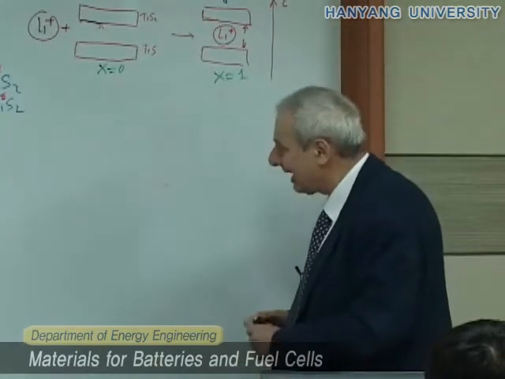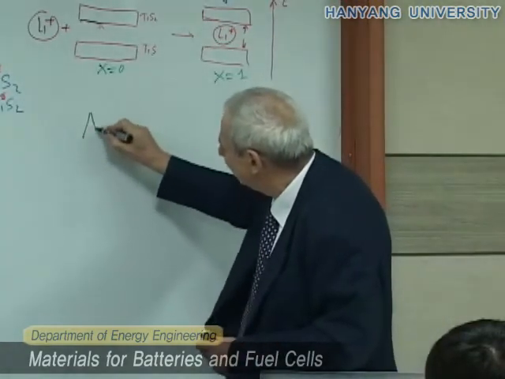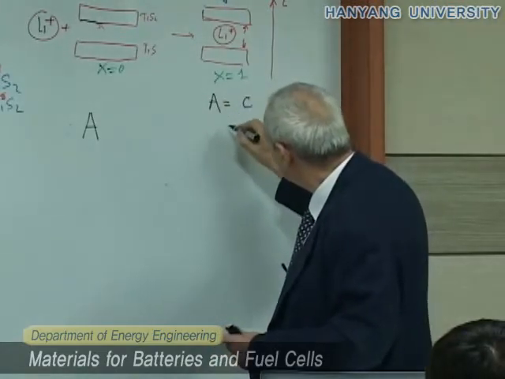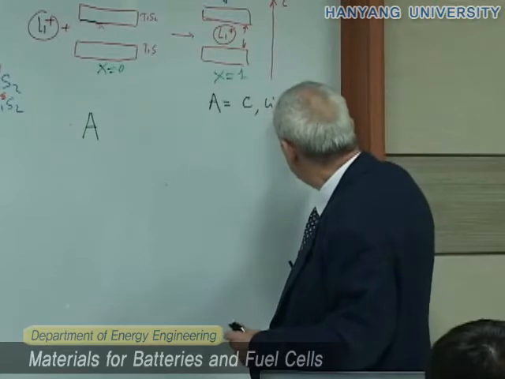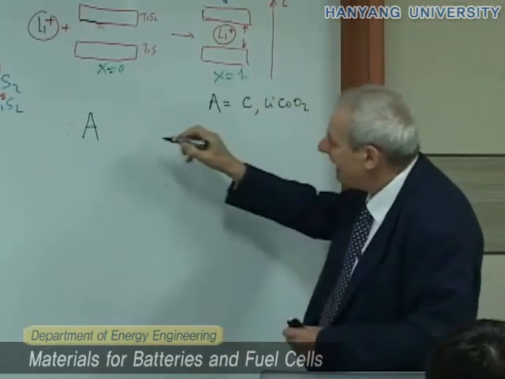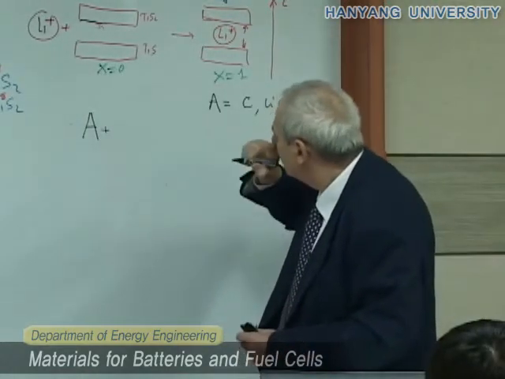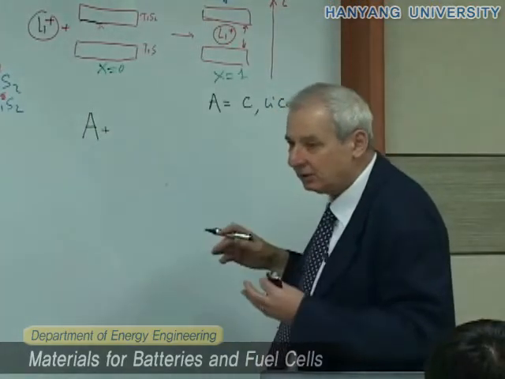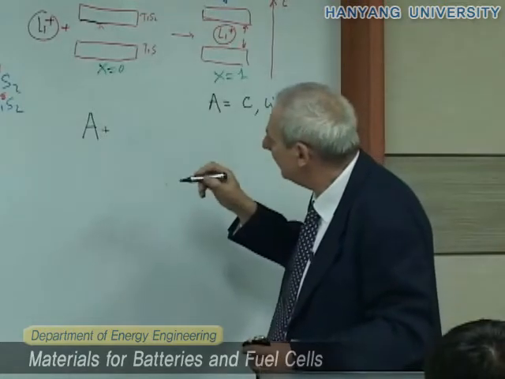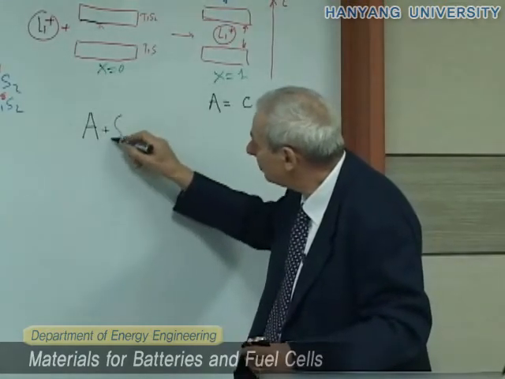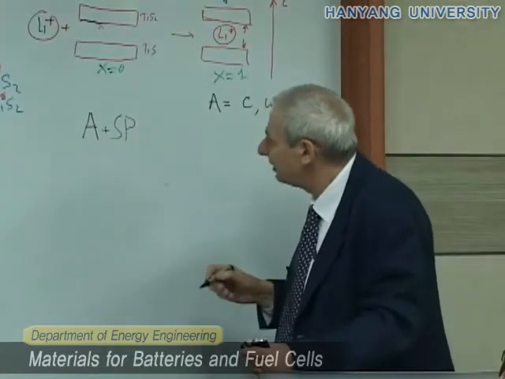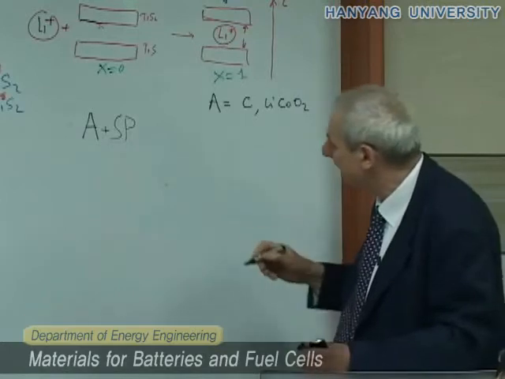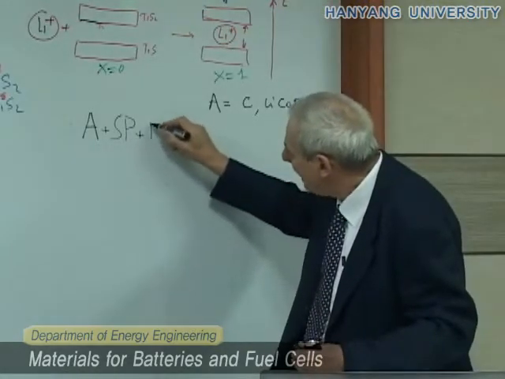So we mix the active material, where the active material can be graphite or lithium cobalt oxide, plus some carbon powder, because we want to increase the electronic conductivity, and we can use that like this, with SP, which stands for Super P, a very highly conducting carbon, plus a binder.